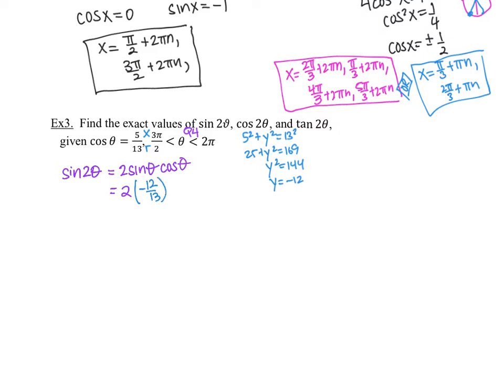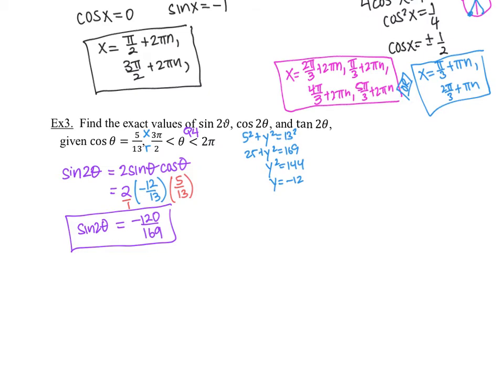And then the cosine of theta was given to me as 5 over 13. If I multiply this out, I get negative 120 over 169 for the sine of 2 theta. And I have no idea what theta is, but this is what the sine would be if I doubled it.